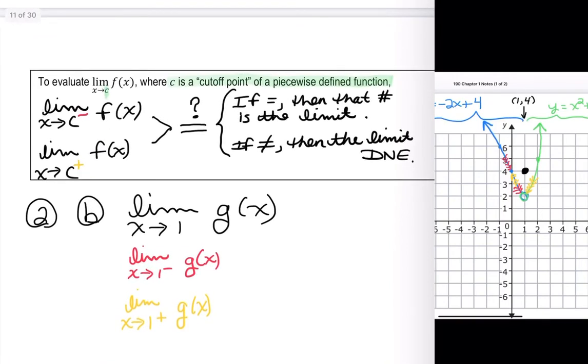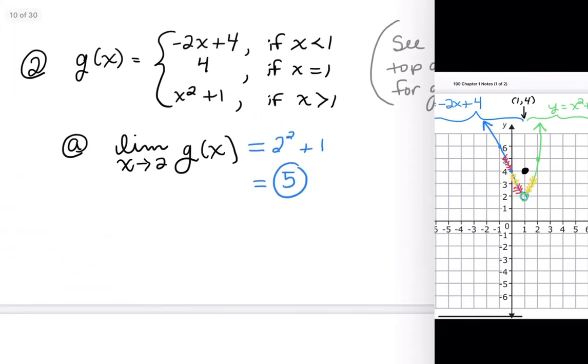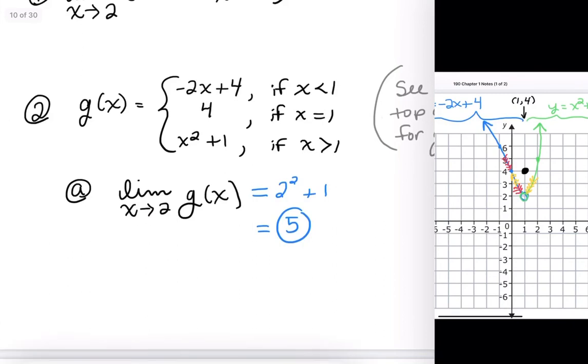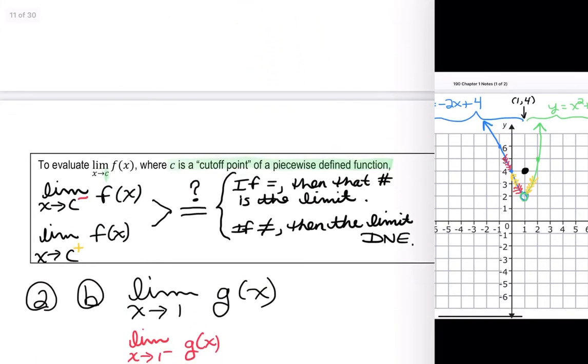So let's slide this down so we can see our function up there. The limit as x approaches 1 from the left: coming from the left of 1 is coming in from values less than 1, so I am plugging into negative 2x plus 4. Negative 2 times 1 plus 4 is equal to 2.